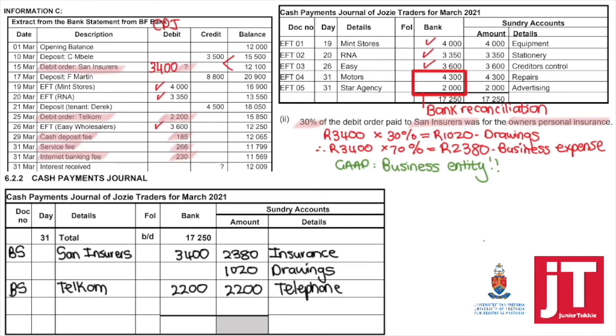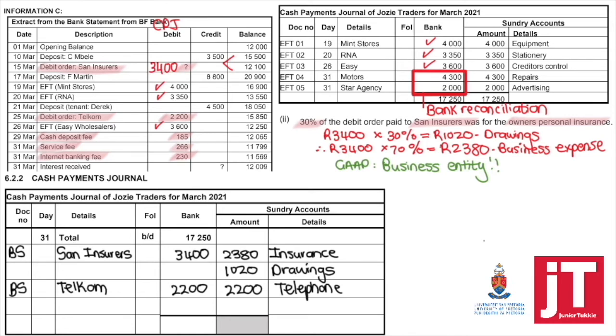Then we have our next debit order, Telkom, 2,200. In our CPJ, source document, bank statement, who did we pay? Telkom. How much did we pay? 2,200, and this was for the telephone.